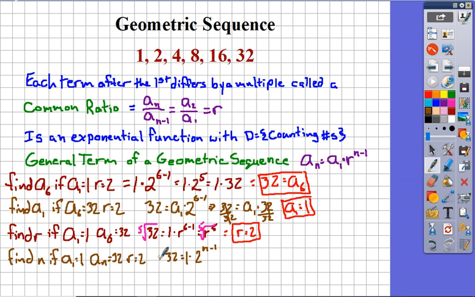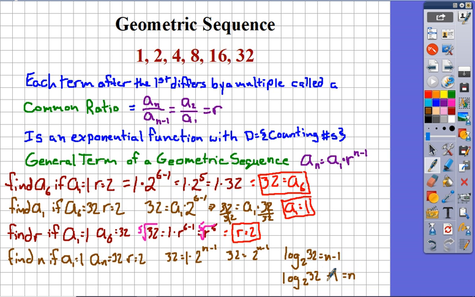We divide both sides by 1 and still have 32. Then we use a logarithm: 32 equals 2 to the n minus 1 power. As a logarithm, that's log base 2 of 32 equals n minus 1. To get n by itself, add 1 to both sides, and we get log base 2 of 32 plus 1 equals n.